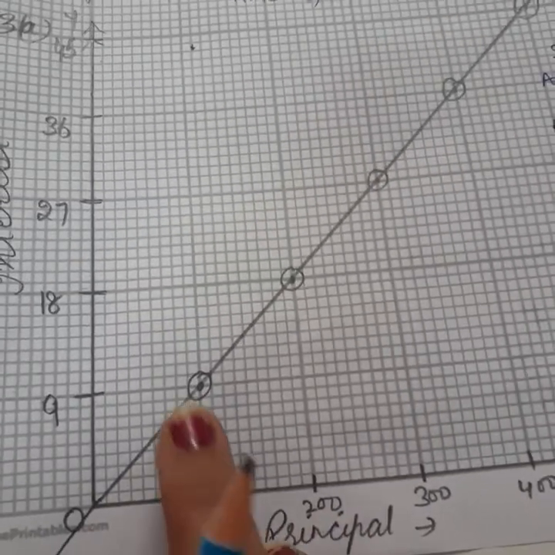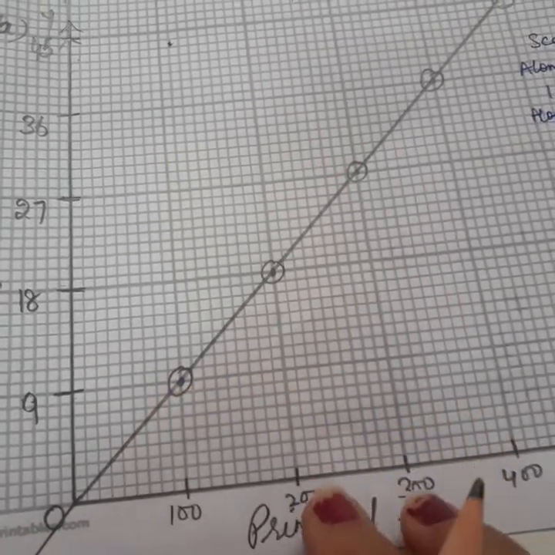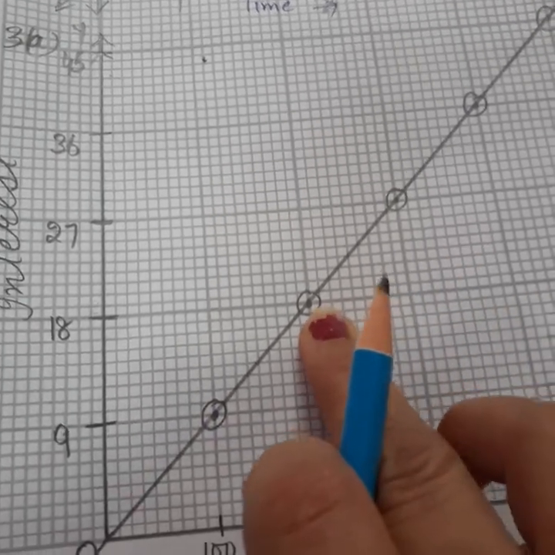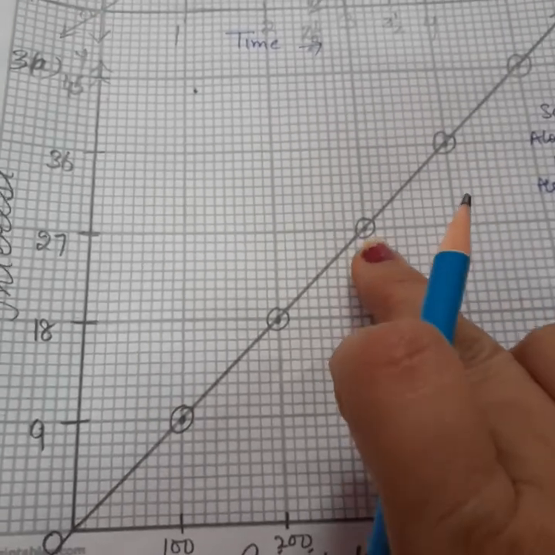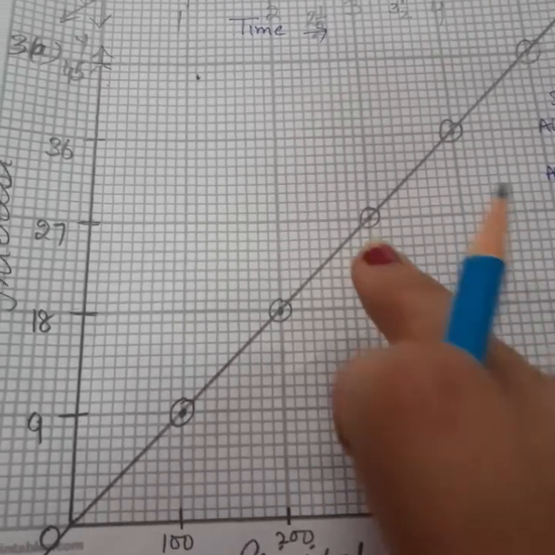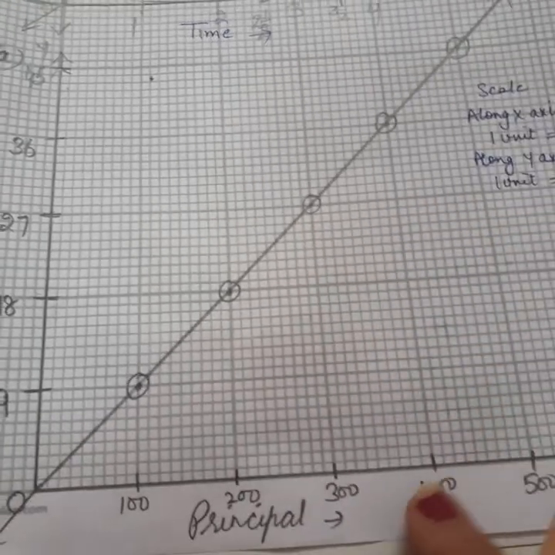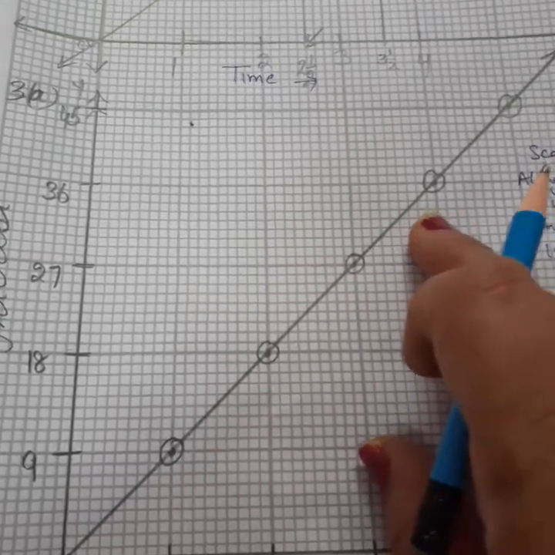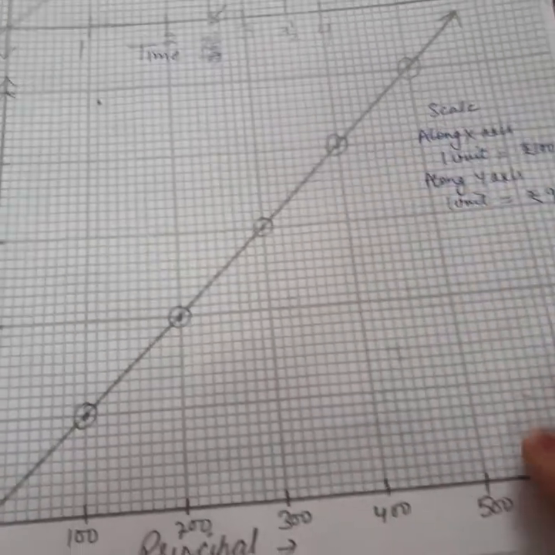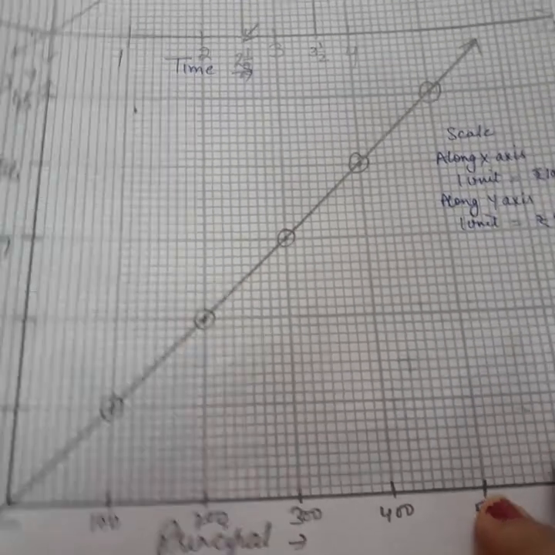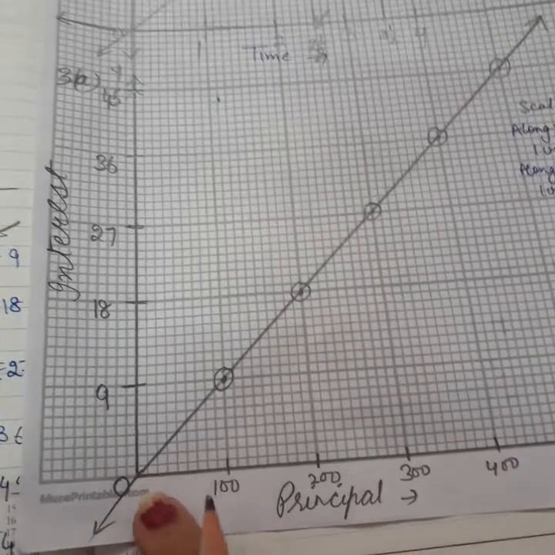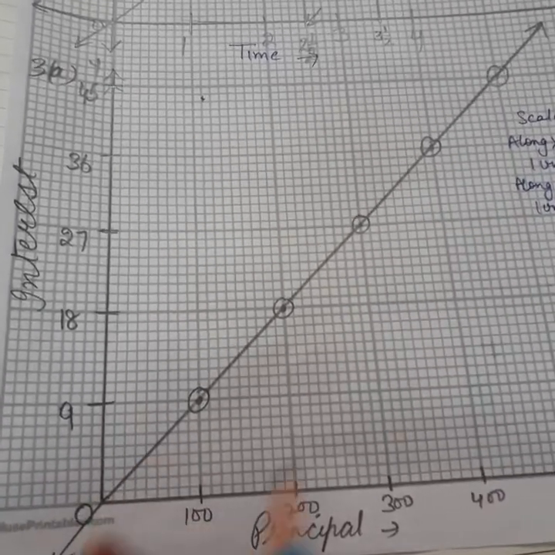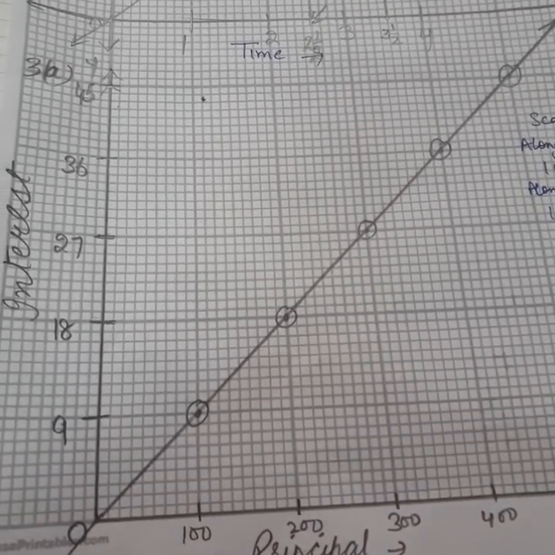At 100 rupees principal, simple interest is rupees 9. At 200 rupees principal, the simple interest is 18. At 300 rupees principal, simple interest is 27. At 400 principal, simple interest is 36. And at 500 principal, the simple interest is 45. Then join the points and find the other values which are asked in the question.